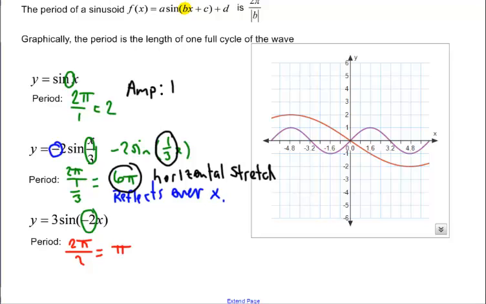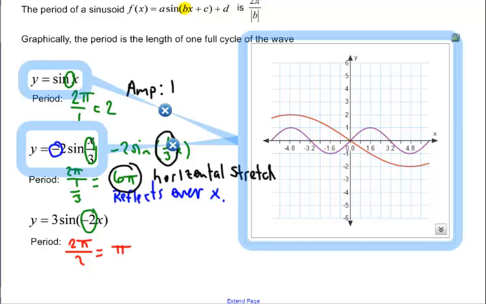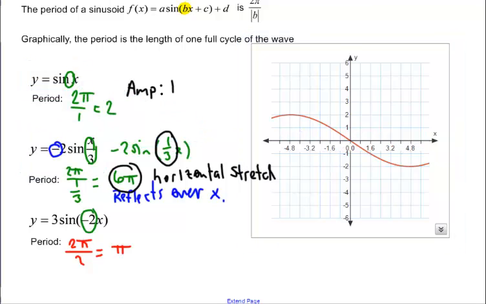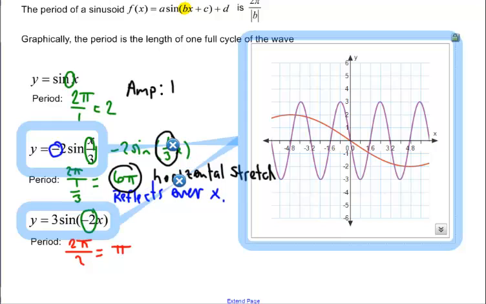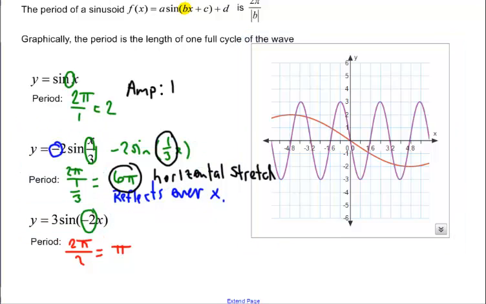So let's compare these two. Now look what happened. I took that number in front of the x, I made it larger than 1, and all of a sudden it had a horizontal shrink, and you can see there's a lot more of this guy going on.